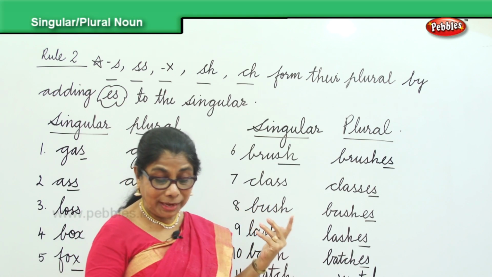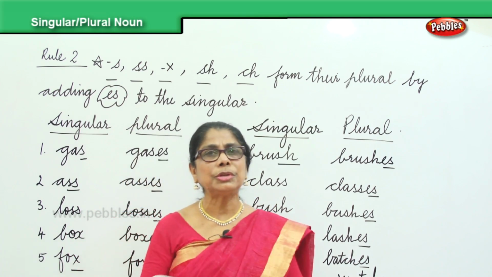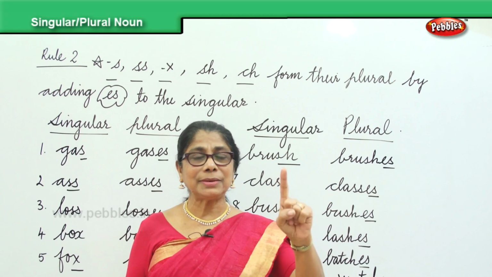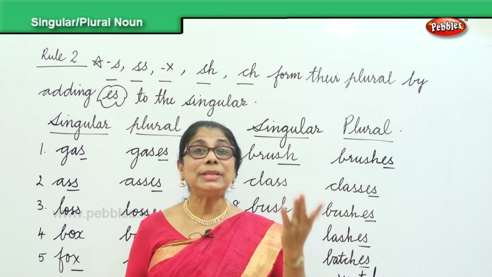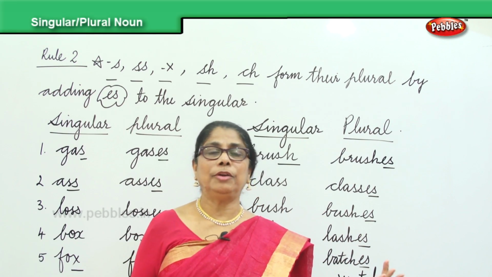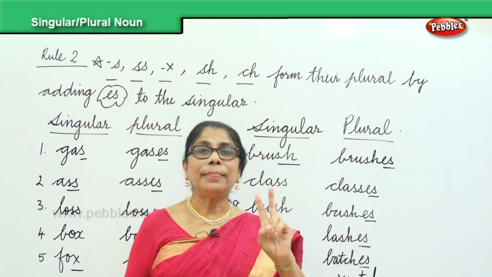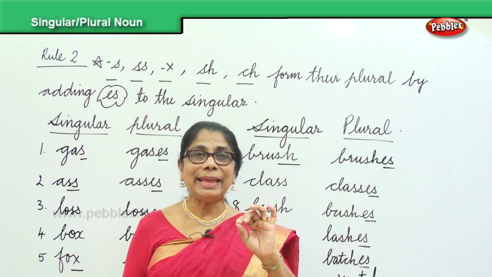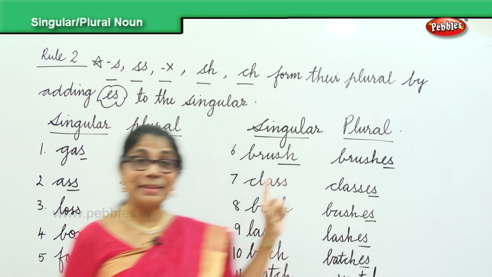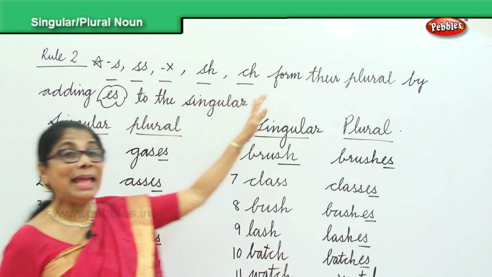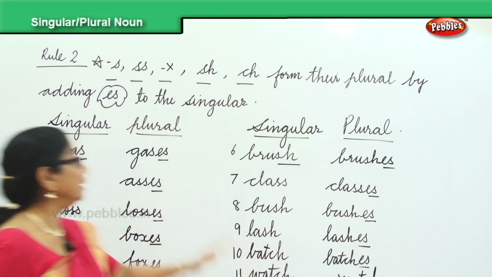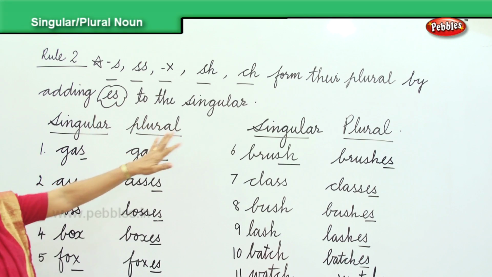Okay, so we have learned 2 rules of forming the plural. What was the first? Add s to the singular form so that you get a plural form. Rule number 2, the nouns ending in s, ss, x, sh and ch form the plural by adding es to the singular.